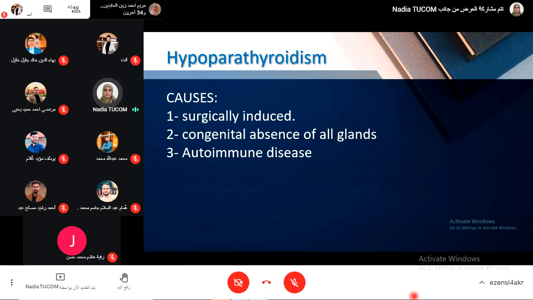But keep in mind the most common one is surgically induced or iatrogenic hypoparathyroidism.